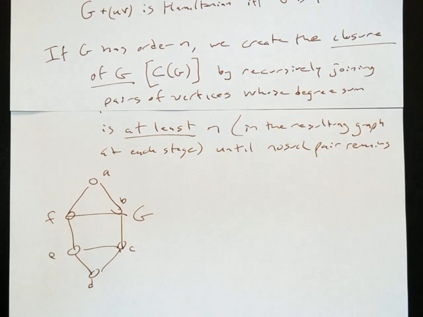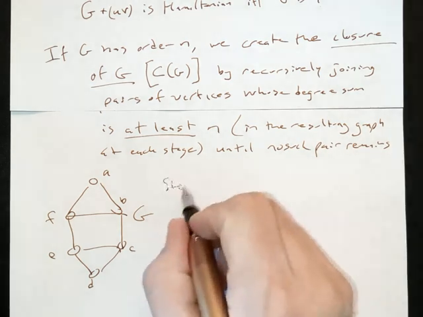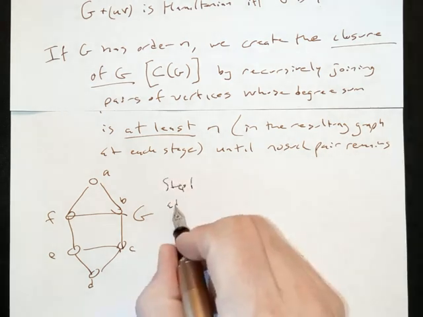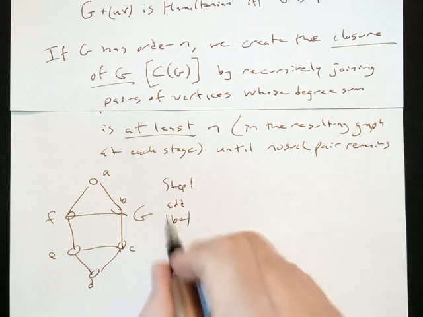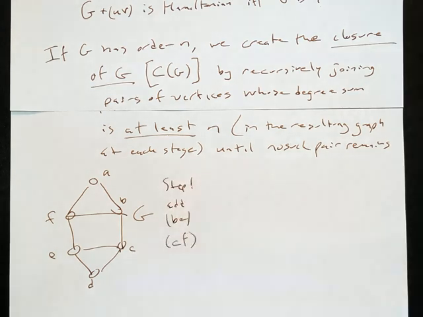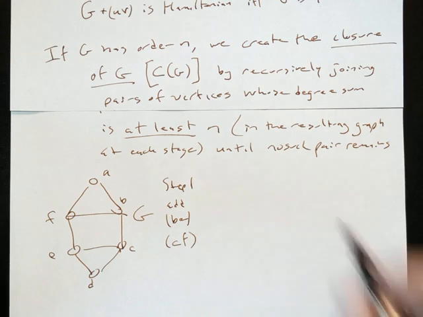The maximum degree is 3, so I need two degree 3s to get a degree sum of 6, right? I have F and C, and that's it. So, step 1, add those two.